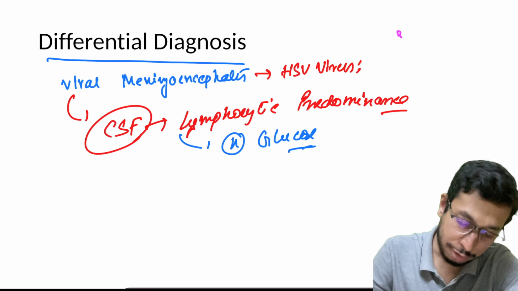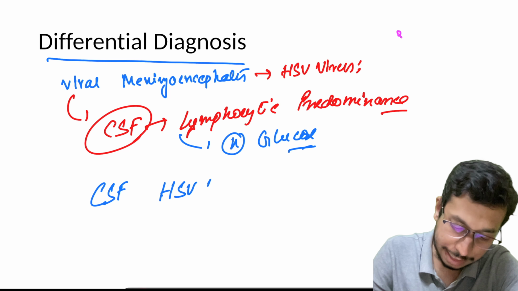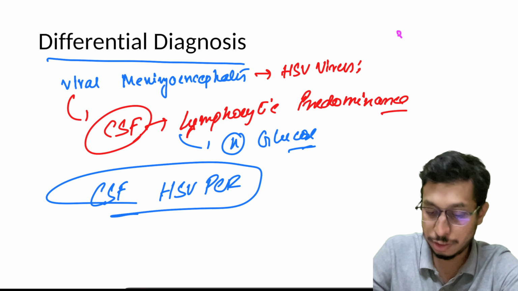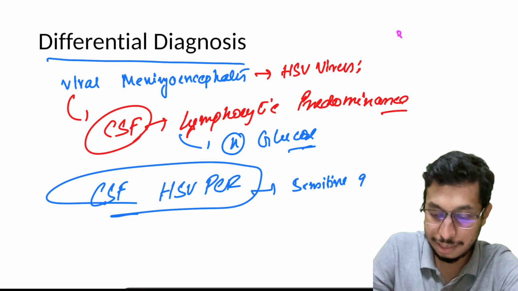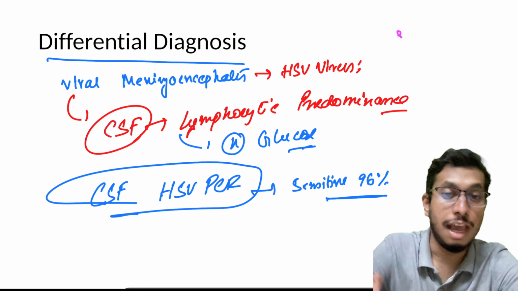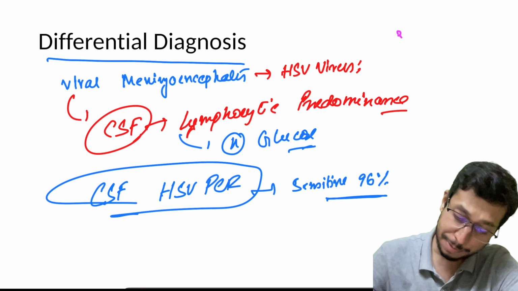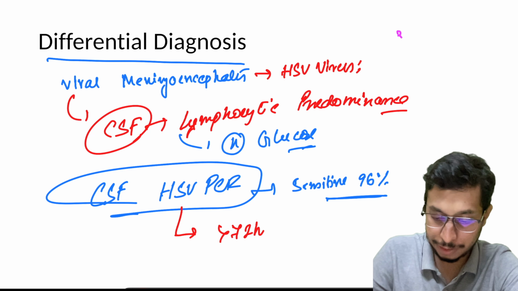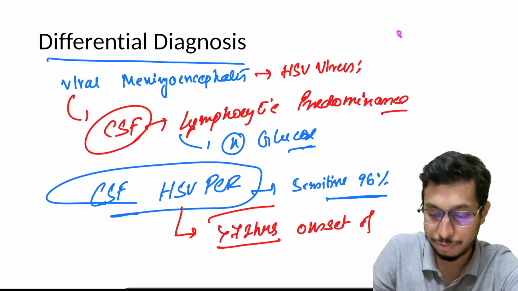Now, for a specific diagnostic test, we have the CSF HSV PCR test, which is sensitive in 96% cases, okay, and specific in 99% cases. This CSF HSV PCR is best done after 72 hours of onset of symptoms.